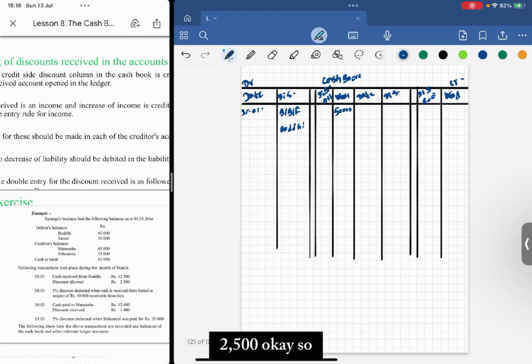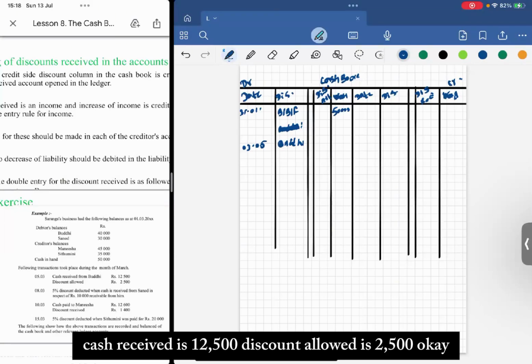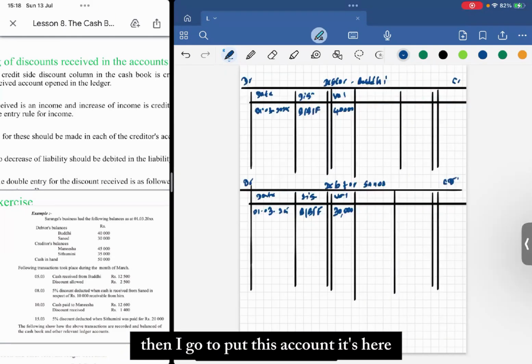So on the cash book, I call it Buddhi. Cash received is 12,500. Discounts allowed is 2,500. Then I go to Buddhi's account.